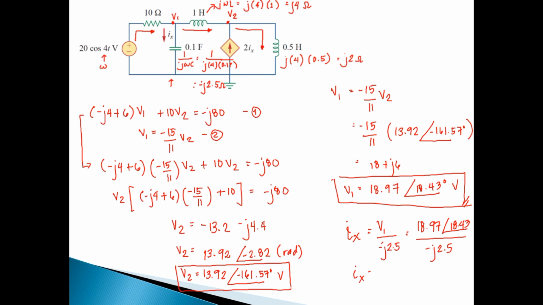So our Ix will be equal to 7.59 angle 108.43 degrees in unit ampere.